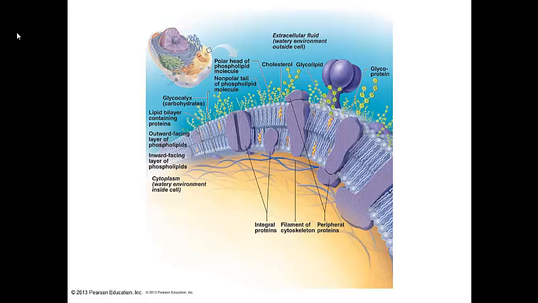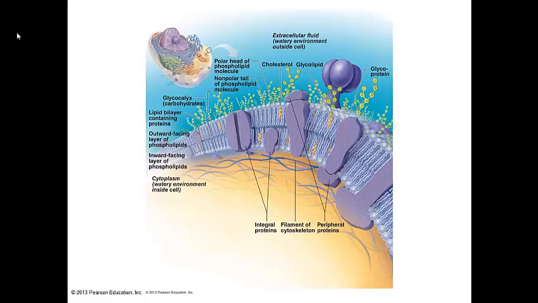We have proteins on the surface, either outer surface or inner surface. We call them peripheral proteins. And then we have proteins that kind of hang out in the sandwich there, in that phospholipid, called integral proteins.